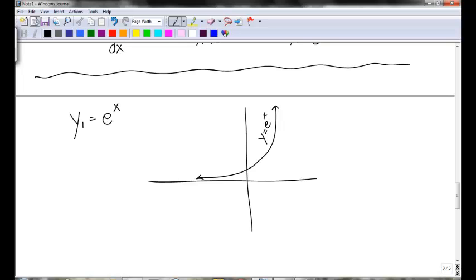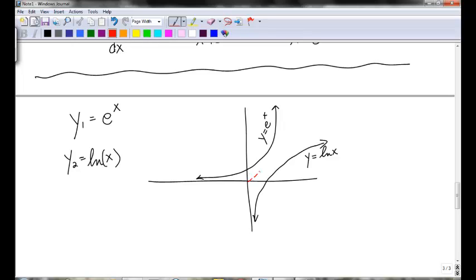Okay, and then y sub 2, I want you to graph the natural log of x. And graph that. Okay, and that should end up to be something like this. This is just kind of a rough sketch. Label that y equals the natural log of x. Now, if you remember earlier in the year we did inverses.